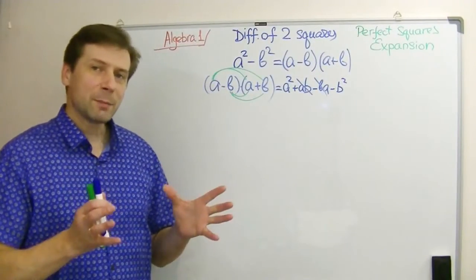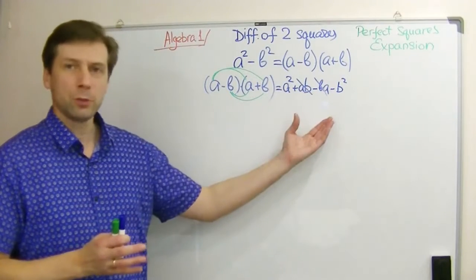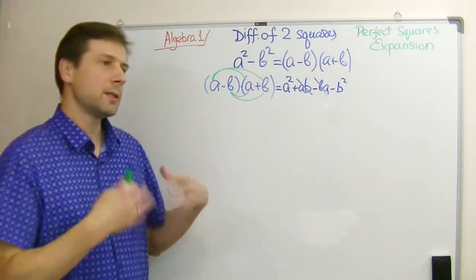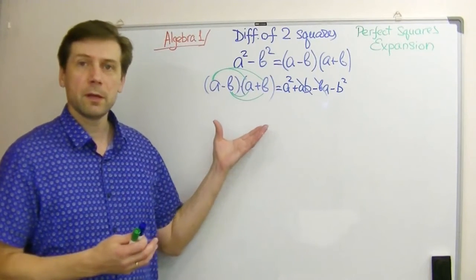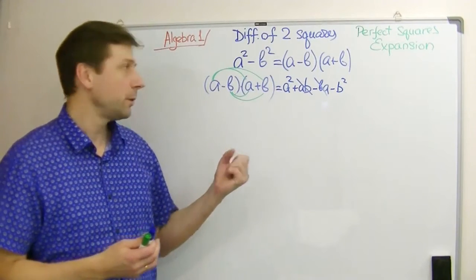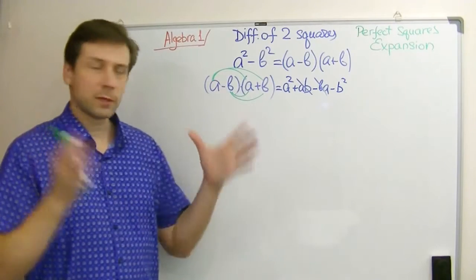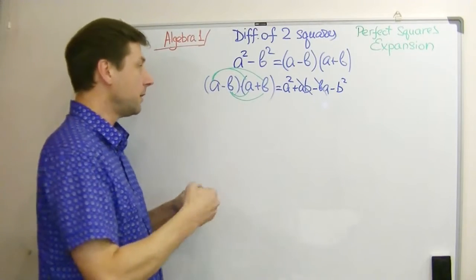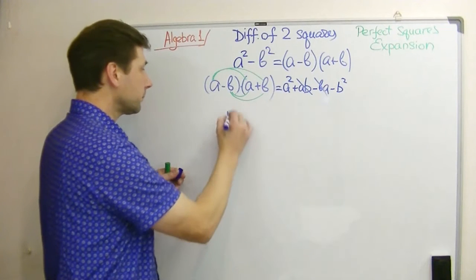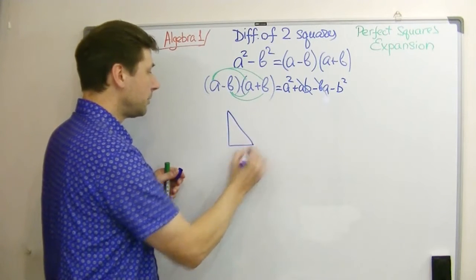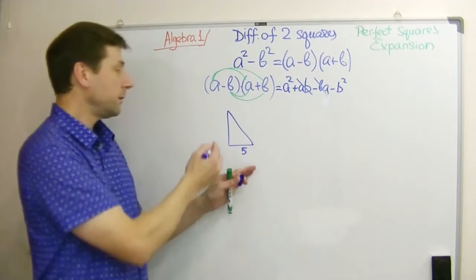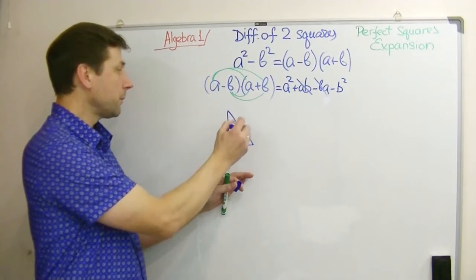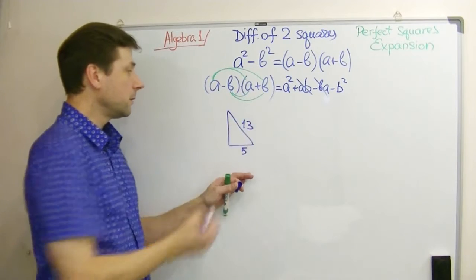And let's now see some examples where it is suitable to use, where it makes our calculations easier. For example, the Pythagorean theorem, okay? We have, for example, the leg of the right triangle, the short side of a right triangle, like 5, and we have the hypotenuse 13.